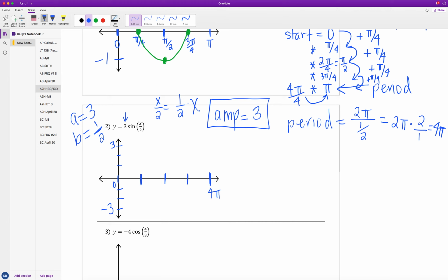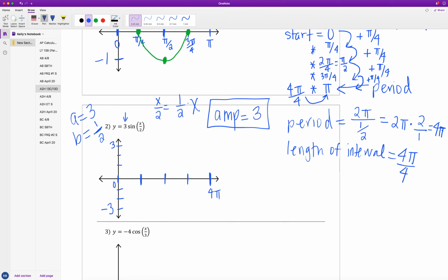So I've put the tick marks on the graph, but I've got to figure out what they are. What can help me do this is the length of interval concept. Remember, the length of our interval is how far we're traveling between each one of these. The way we get that is by taking our period, which for this example is 4 pi, and dividing by 4, since there will be 1, 2, 3, 4 subintervals on here.